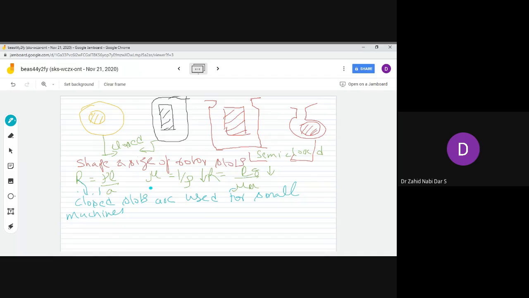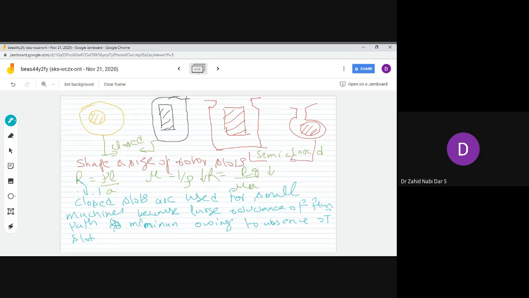Because of the large reluctance of the flux path. The reluctance of the flux path is minimum owing to the absence of slot opening.